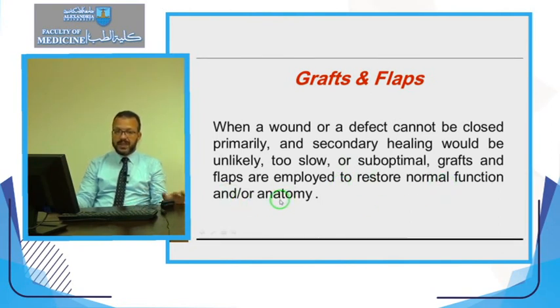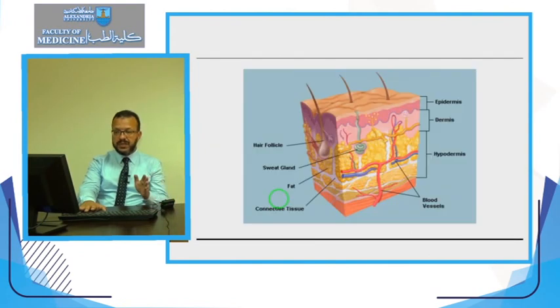After the first and second steps in the reconstructive ladder, dressing or primary closure, we go for the grafts. When we start with grafts, we transplant tissues from other areas than the defect, which we call the recipient site. We transplant tissues from these areas to cover the defect.